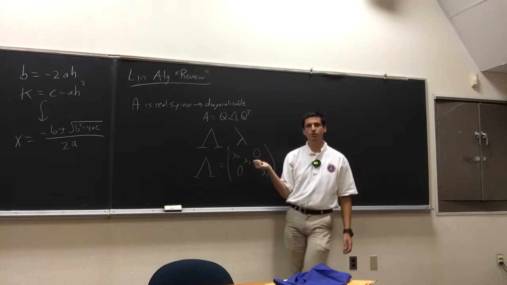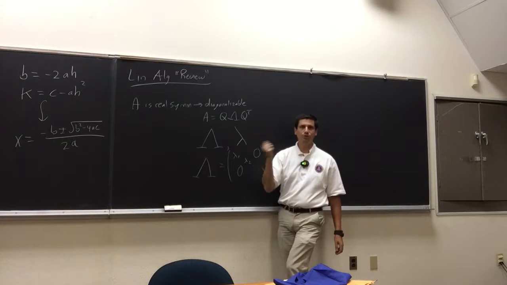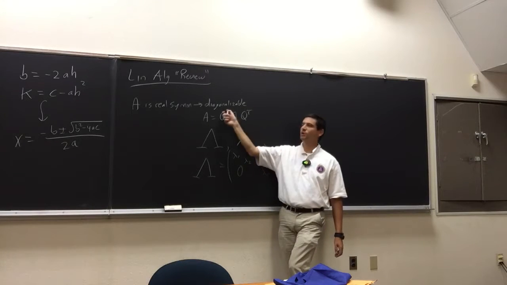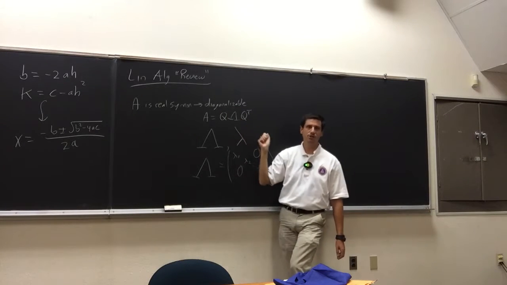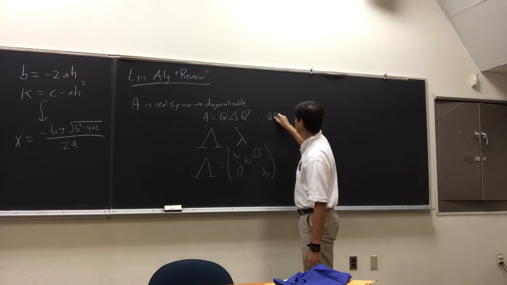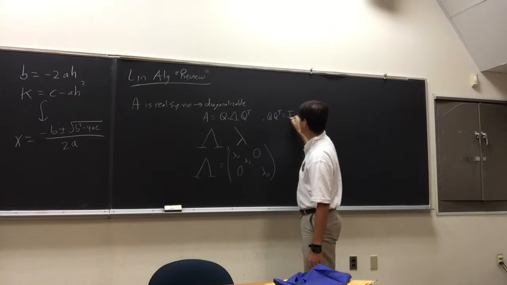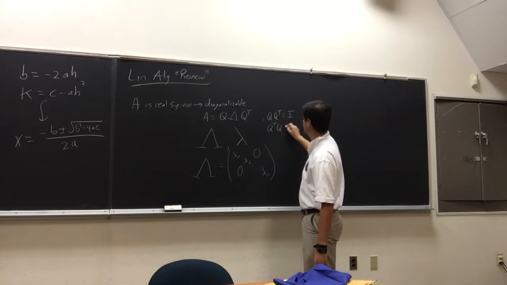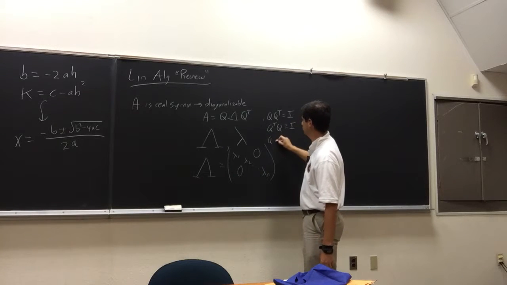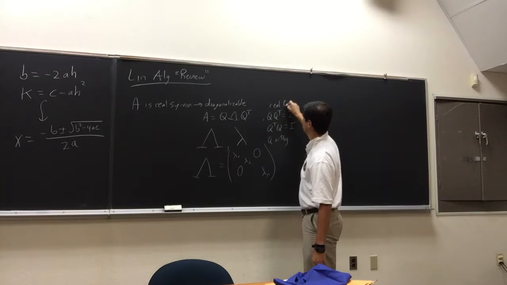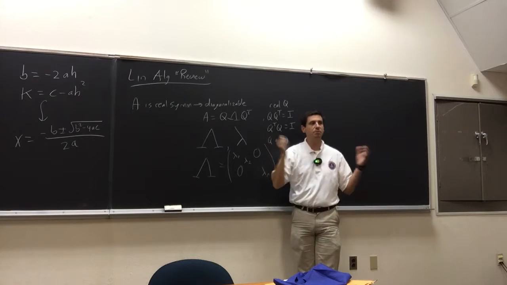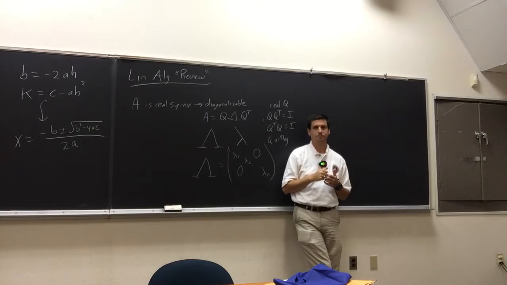Depending on whether you want to rotate your point or rotate your coordinates, I always forget which way to put the transpose on the Q. It doesn't really matter. Q transpose Q is the identity matrix. This means Q is orthogonal, and it's a real matrix. And Q is essentially made up of the eigenvectors of A.